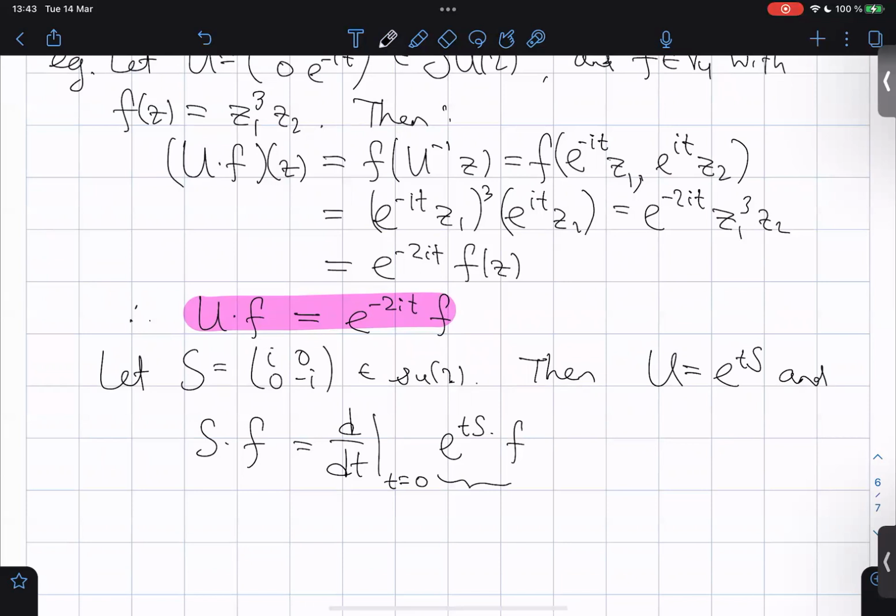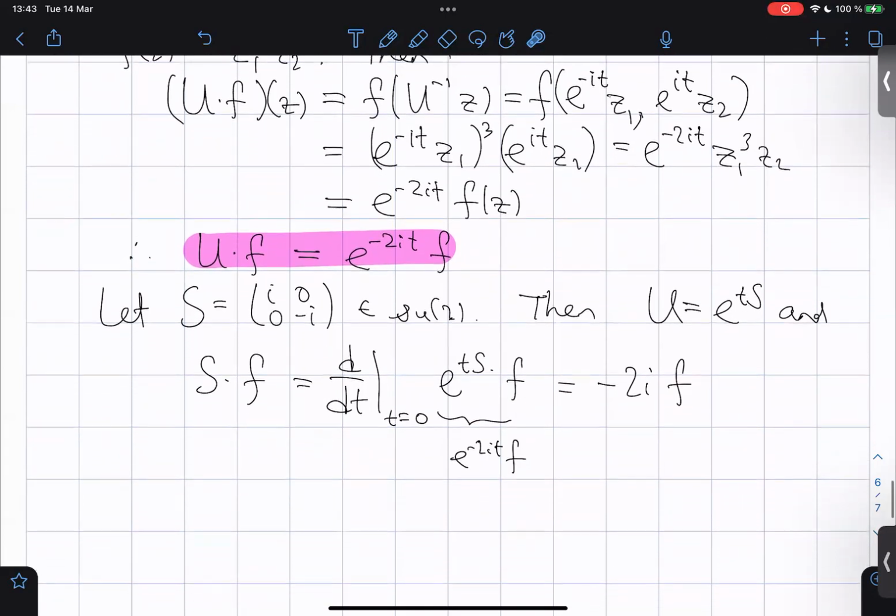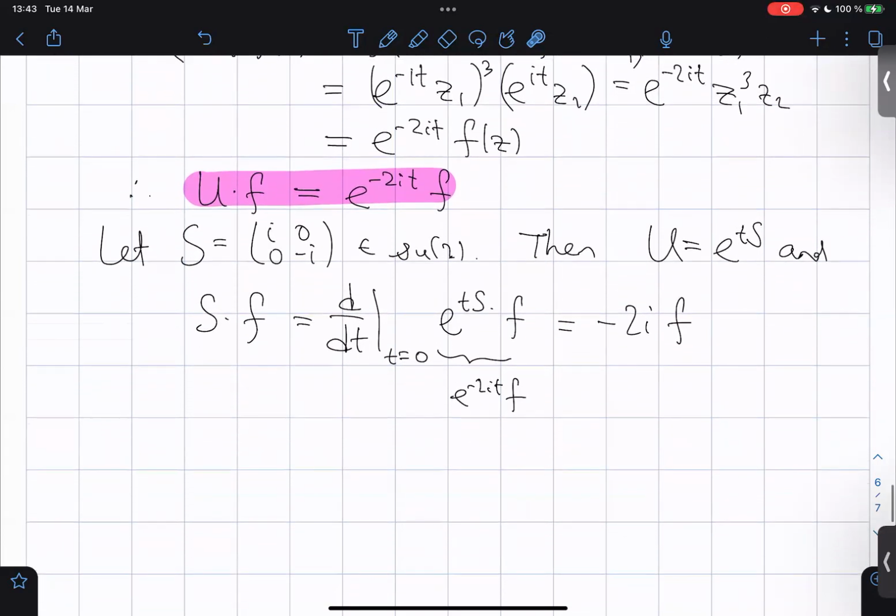But this is e to the minus 2i t f, so I get minus 2i times f. So this S acts by simple multiplication by minus 2i here. That's one example of how you use this definition of the representation in this context.